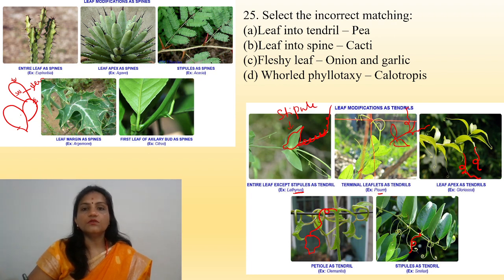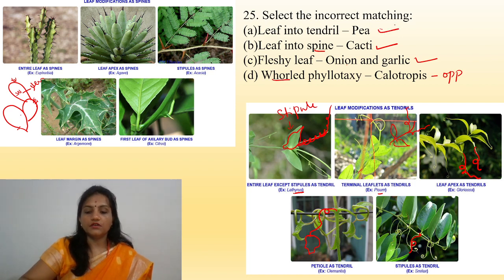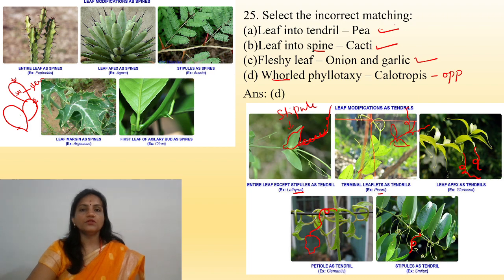So leaf into spine in case of cacti, correct. Fleshy leaf in case of onion and garlic, correct. And you find what kind of phyllotaxy in case of Calotropis? It is opposite phyllotaxy. That is correct. So option D, the incorrect matching, is option D.